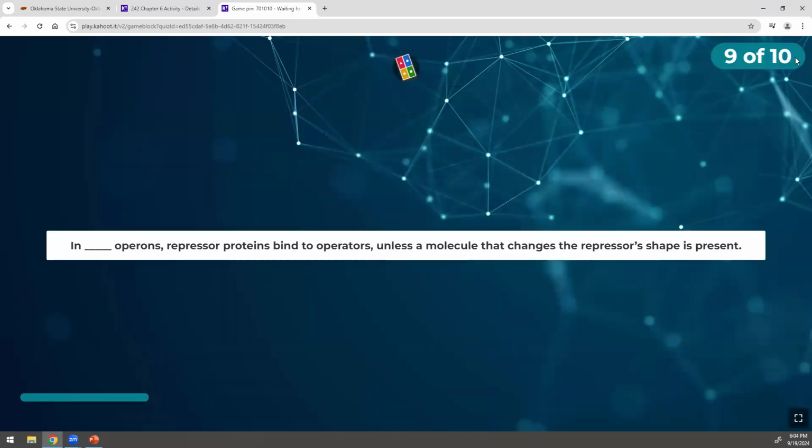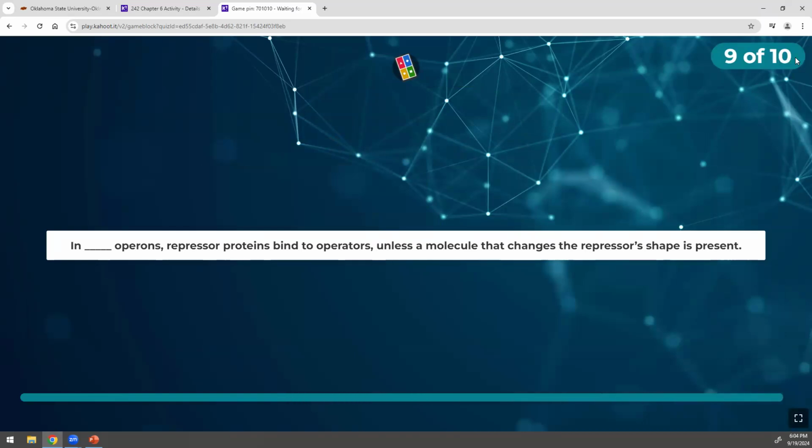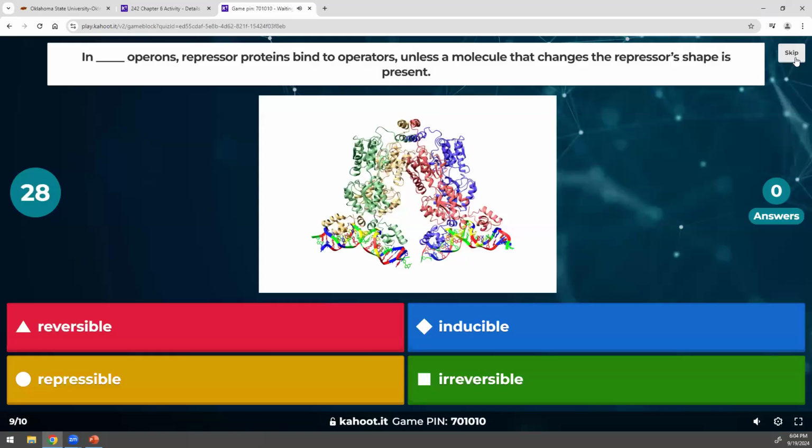All right. In what operons do repressor proteins bind to operators unless a molecule that changes the repressor shape is present? This is some words, man.